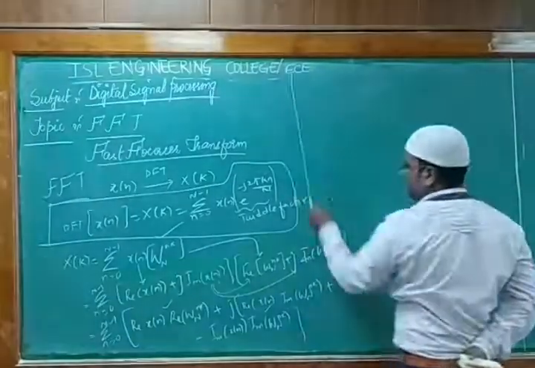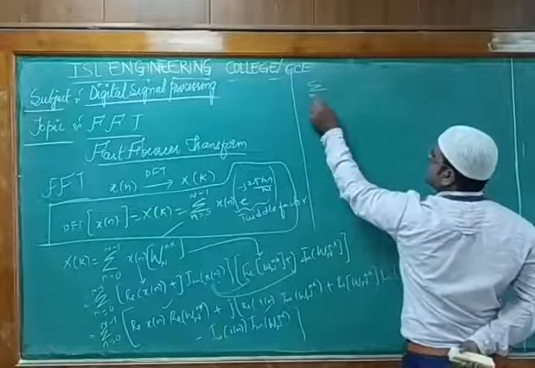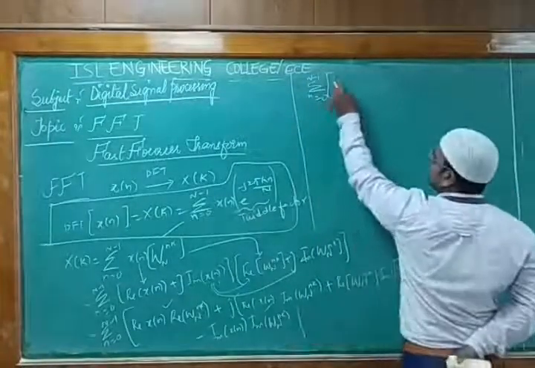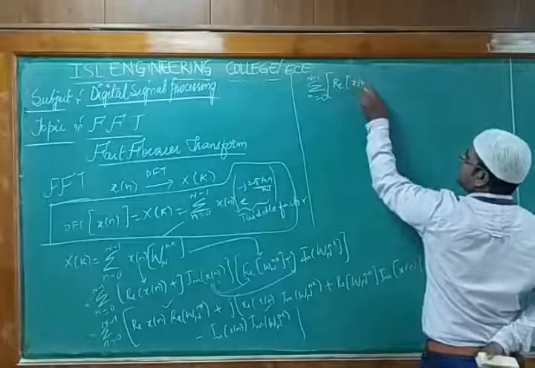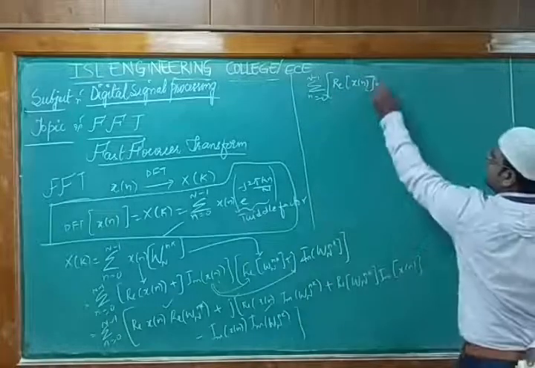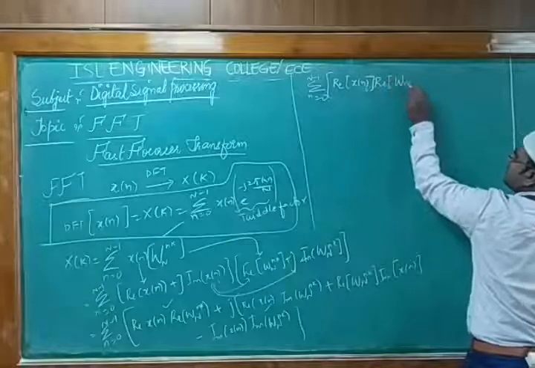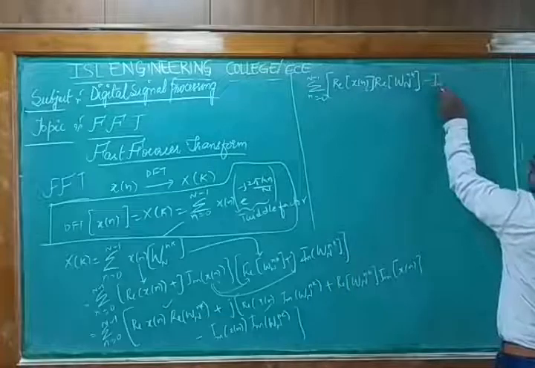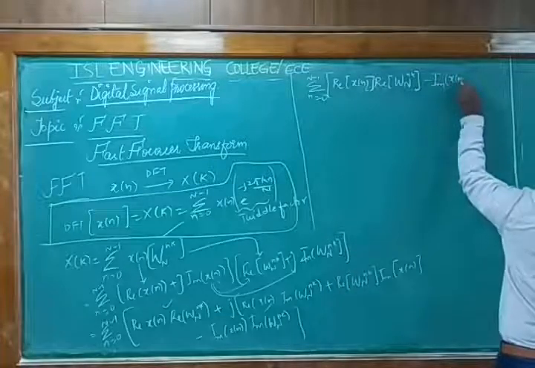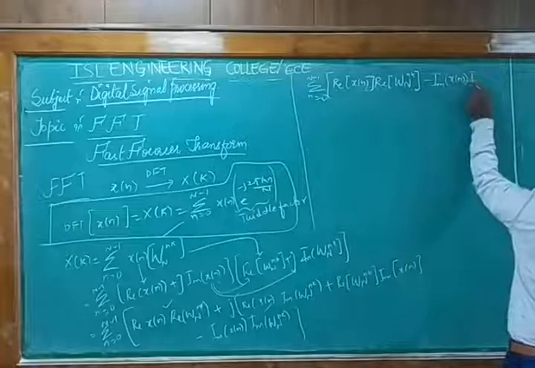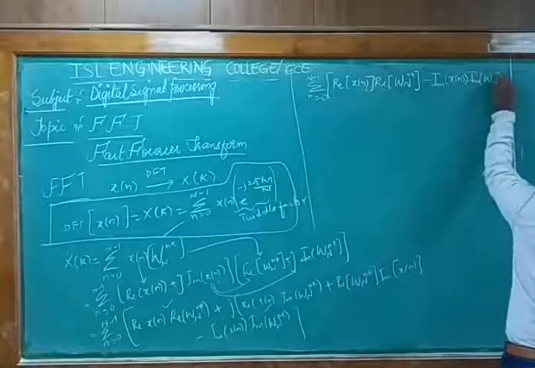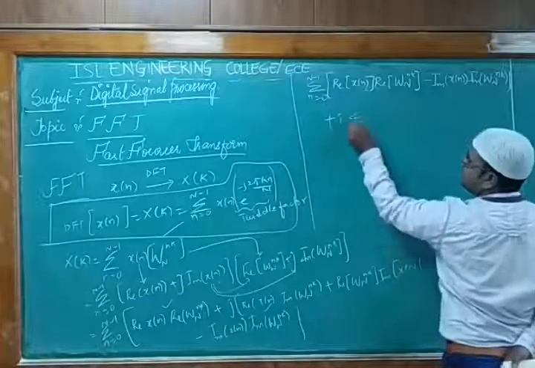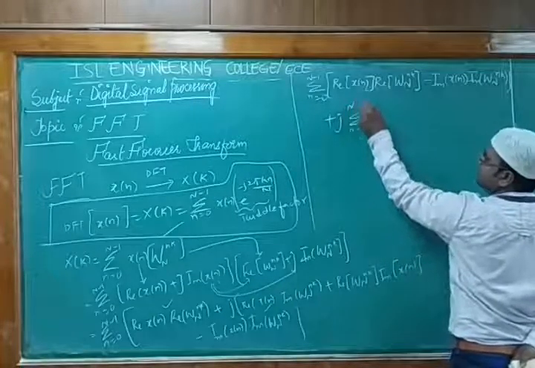What did we get? Summation n equals 0 to N minus 1. I have the first one, that is real part of x of n into real part of Wn of nk, minus imaginary of x of n into imaginary of Wn of nk, plus again j into summation n equals 0 to N minus 1.